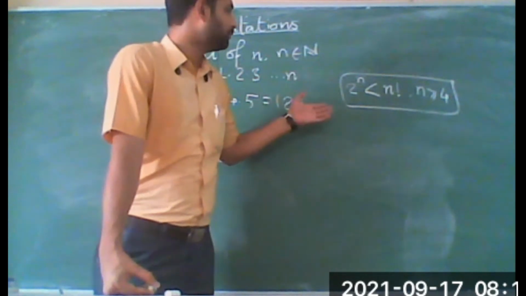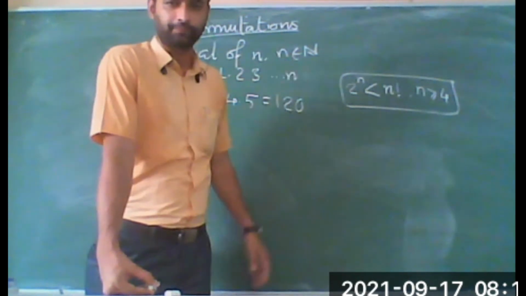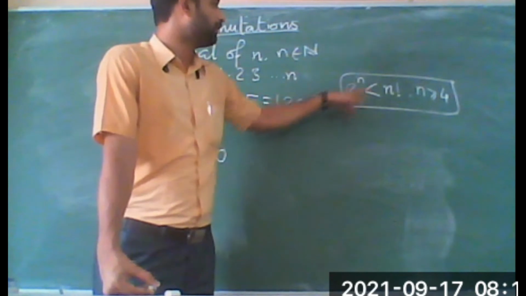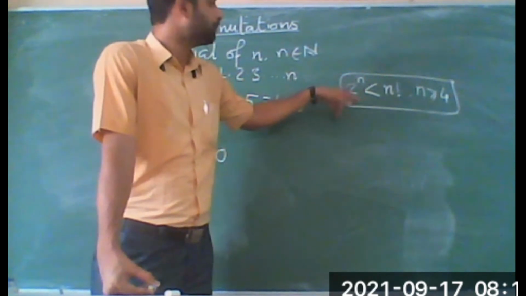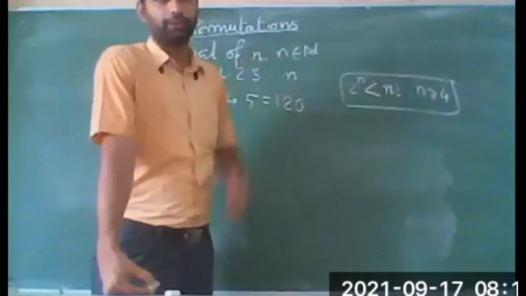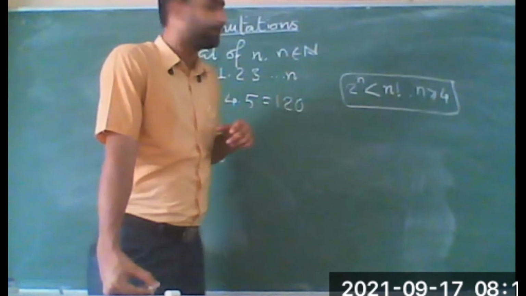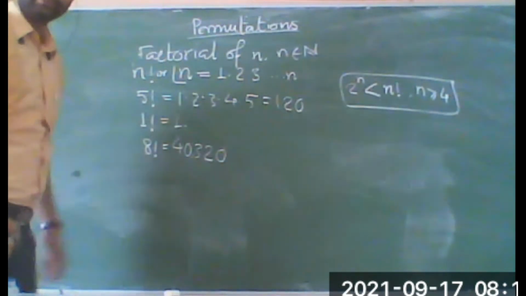Like 2 to the power 1 is 2, 2 to the power 2 is 4, 2 to the power 3 is 8, then 2 to the power 4 is 16, then 32. In this way it is increasing. But factorials are much faster increasing in nature.